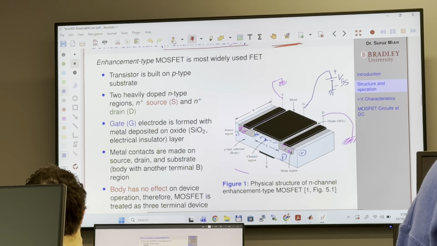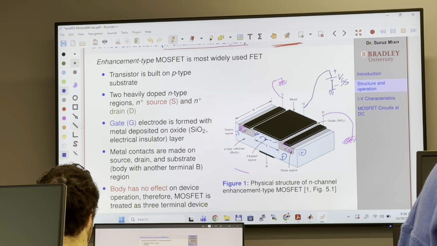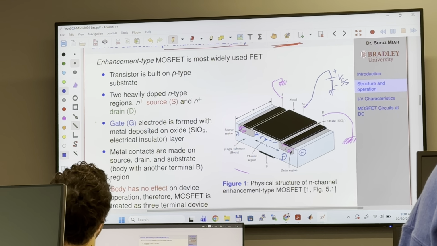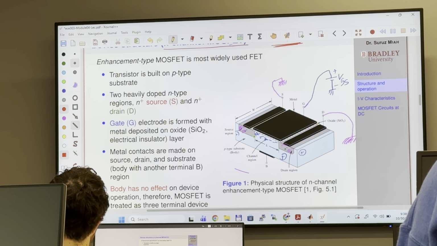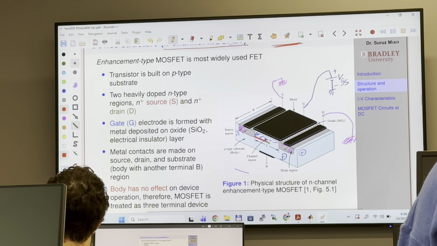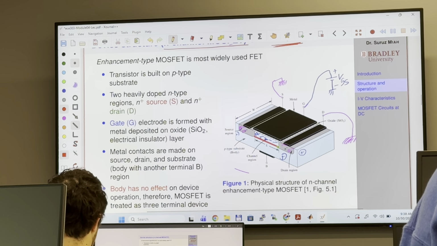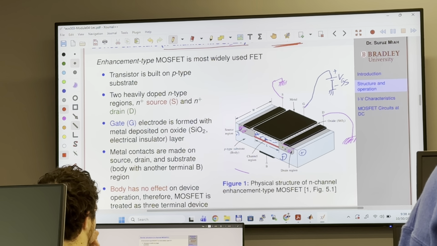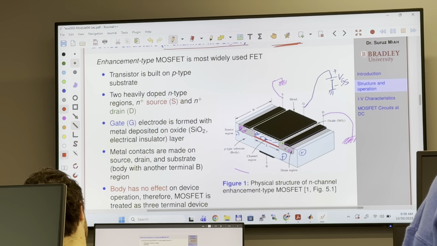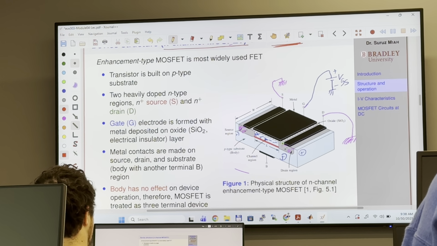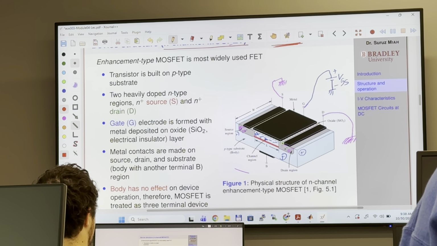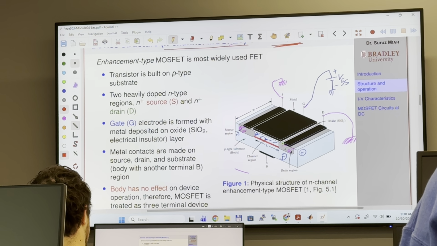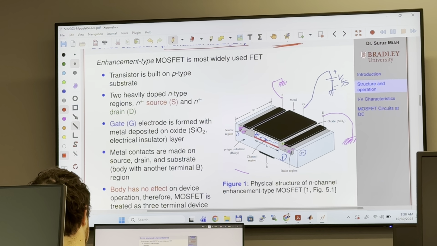Therefore, you will see a channel between the source and drain, a channel of electrons, and that's why we call it N-channel. The external gate voltage is used to create the channel, to enhance the electrons.